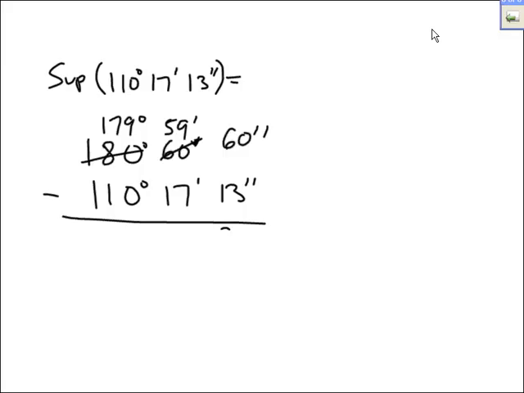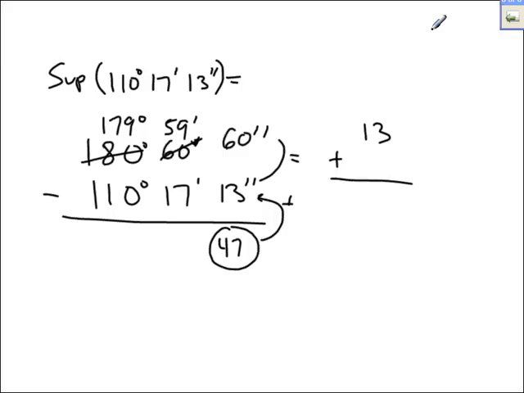Now remember, if you want to check subtraction, you would add those two numbers and you should get the 60. Now if you prefer to subtract and get 47, fine. I don't like subtraction. I'm stronger at addition. 3 plus 7 gives me a 10. 2 plus 4 gives me 6. So the answer is 47.